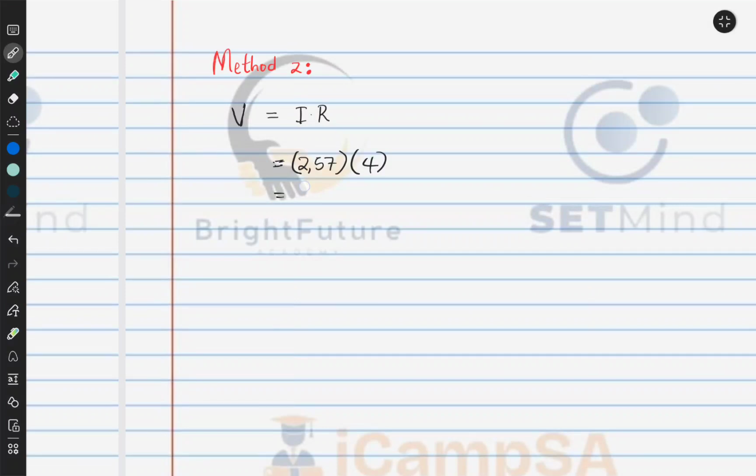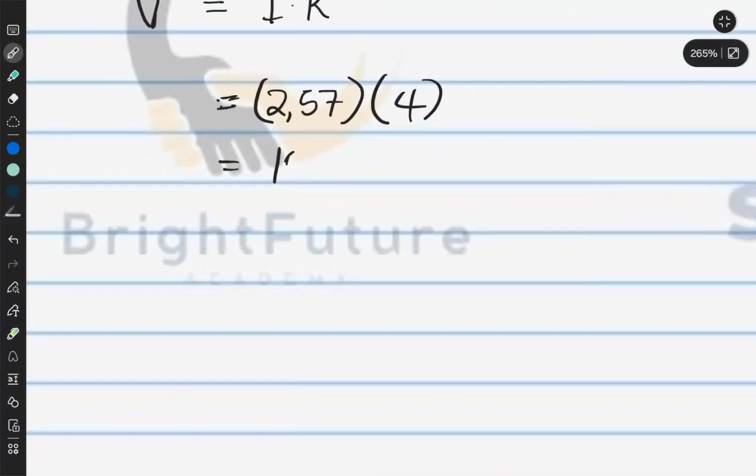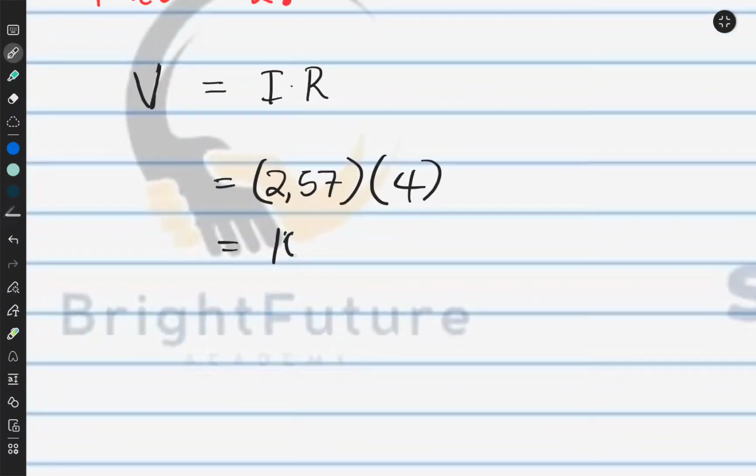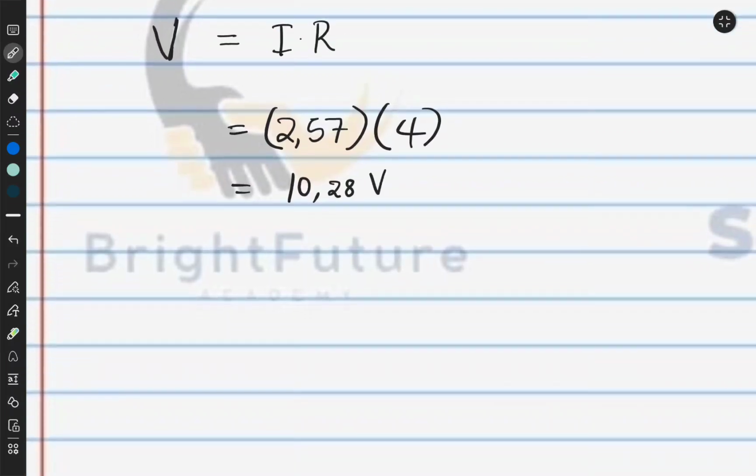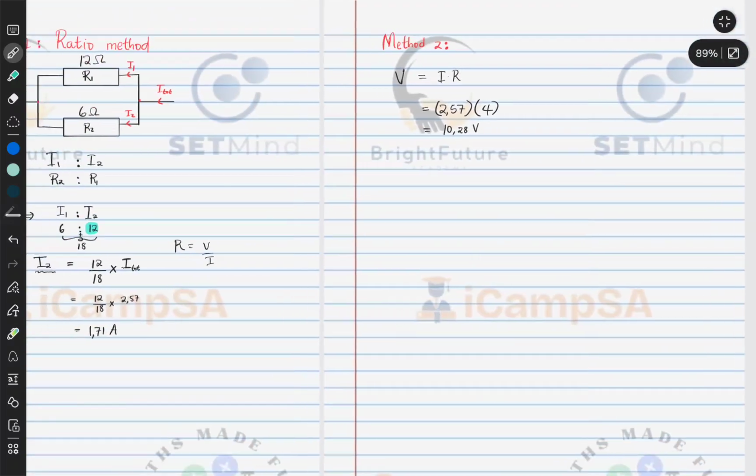So I get 10.28 volts. Remember, if you leave out the units, your answer is meaningless. It might as well get a 0 because it's incomplete. It means nothing.